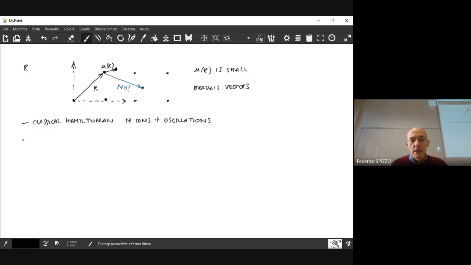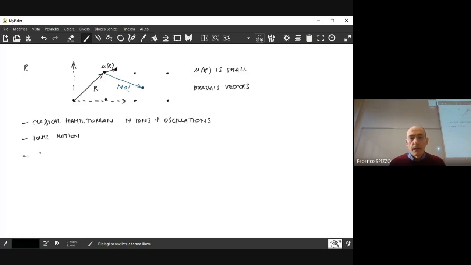Then after the calculation, we will see which kind of motion those ions may describe in the system. And then we will try to see if, using the details of the motion that we will be able to access by solving the classical Hamiltonian, it is possible to say something more concerning the properties of the solid.